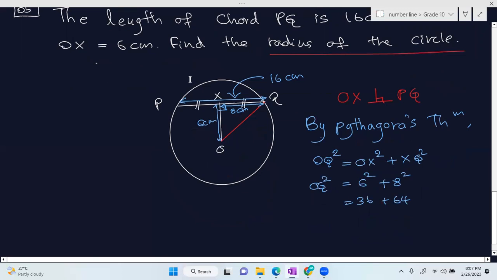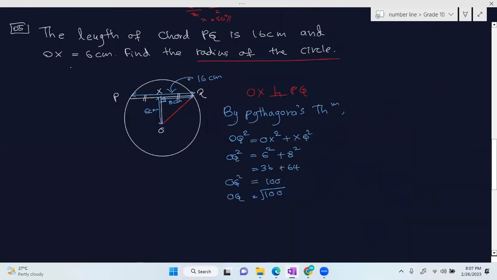Then 36 plus 64 is 100. Then to find OQ, you have to take the square root of 100. The square root of 100 is equal to 10. It is 10 centimeters. Okay. Please write this down.